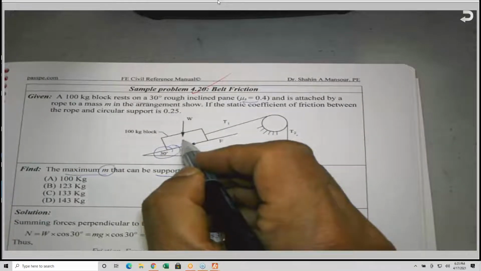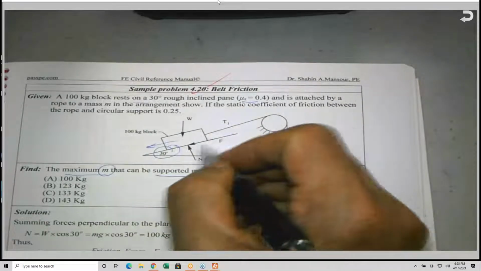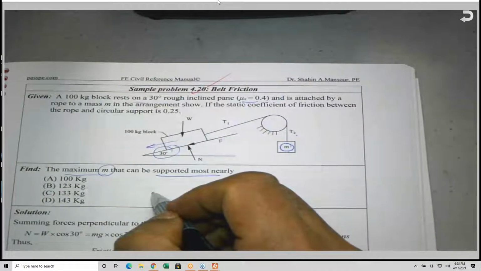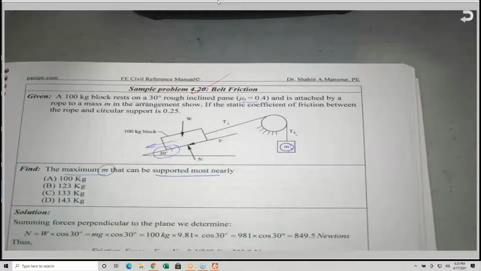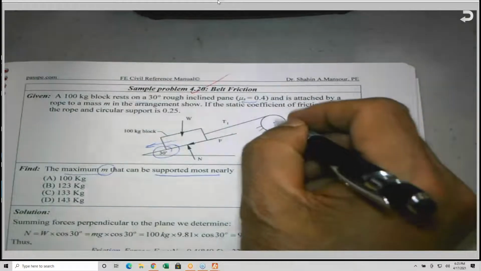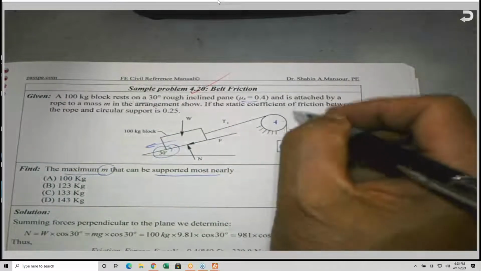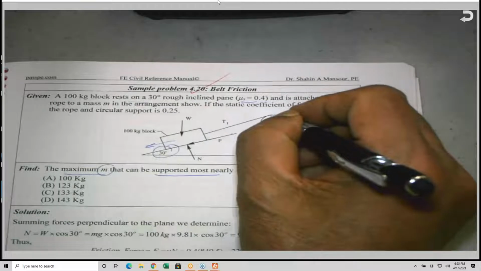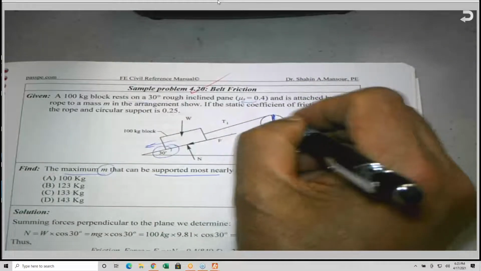Right now this block is trying to slide along this plane, but the mass M can hold it, around this pulley where we have a coefficient. You have to be careful, because the angle of contact in this case is 90 degrees.